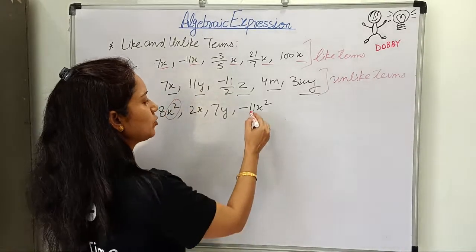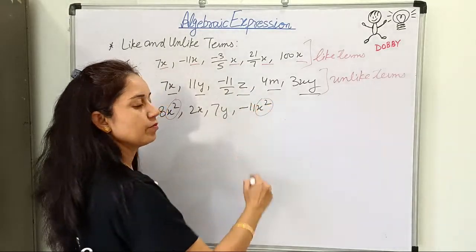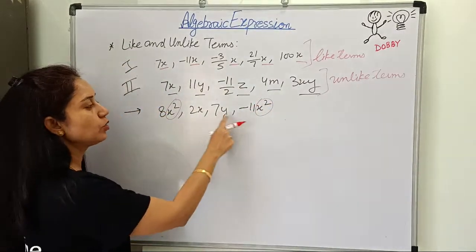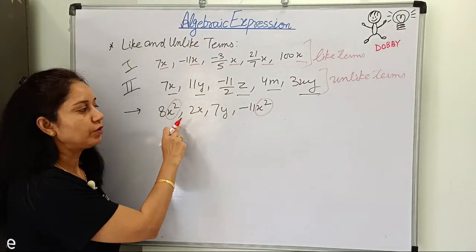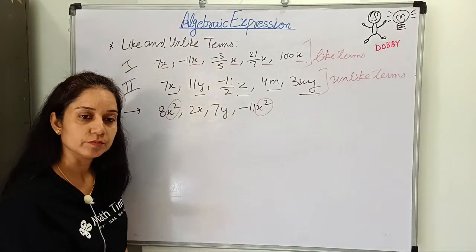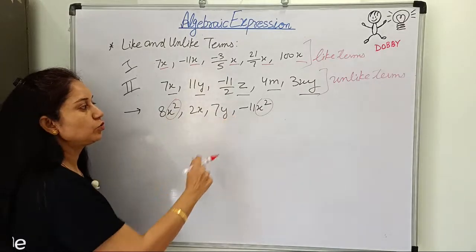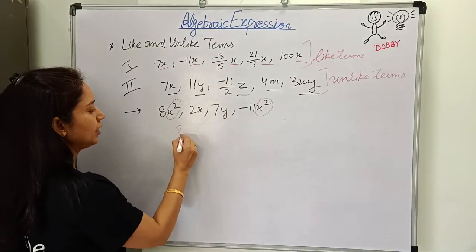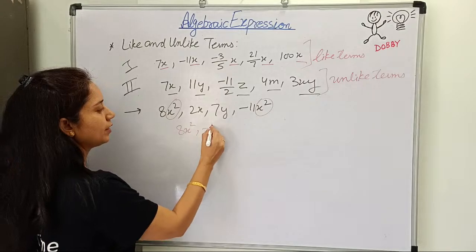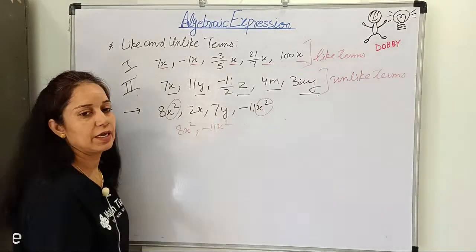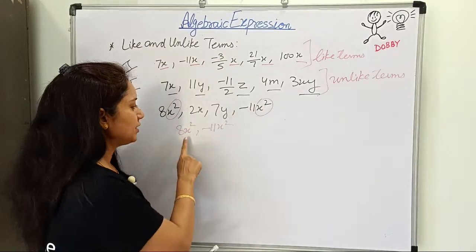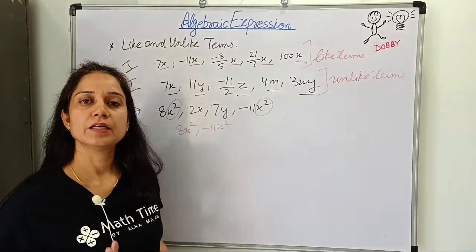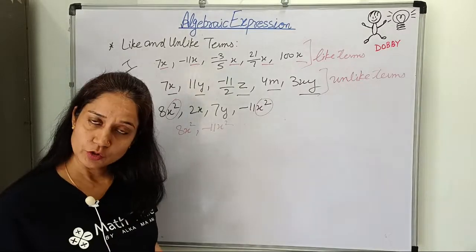Minus 11x square also has variable x square. These two are like terms out of these four. 2x won't be counted, x is a single power. Here it is x square. 8x square and minus 11x square are the like terms. Again, revise: the terms having the same variable are the like terms. The power should also be the same.